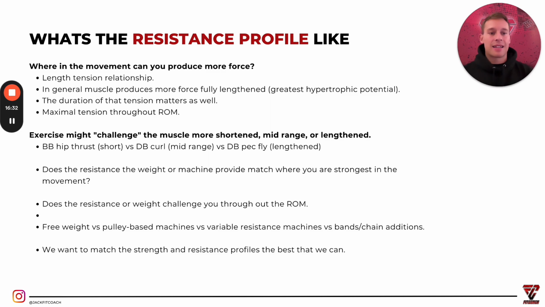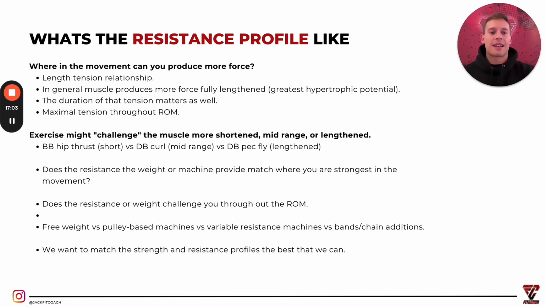Now, we can consider other areas such as the type of resistance utilized, whether it is free weights or perhaps a pulley-based machine, resistance machines, bands, chain additions. Each type of resistance offers unique strength and resistance profiles, and the goal is to match these profiles as closely as possible to optimize muscle engagement and growth.